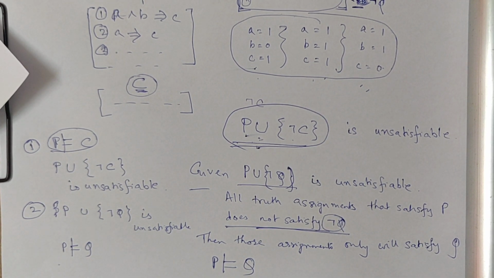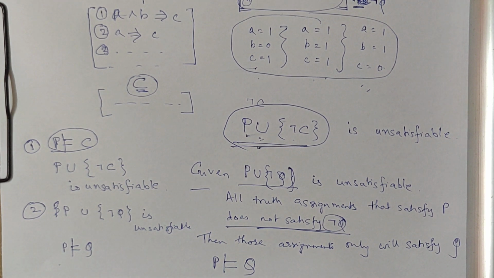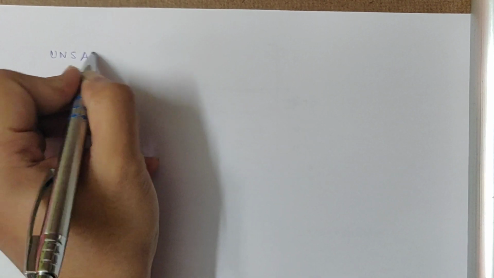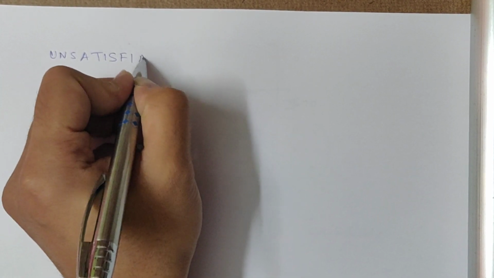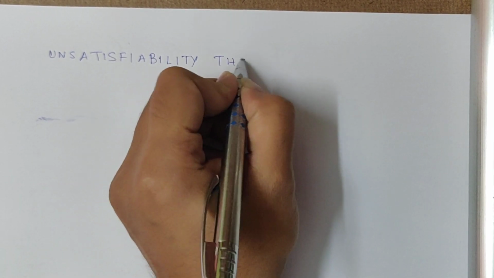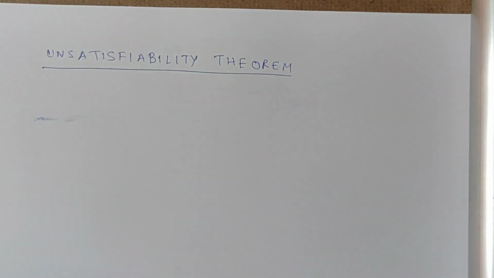From this information we can make up a theorem. What is the theorem? The theorem is called the unsatisfiability theorem. And it goes like this.